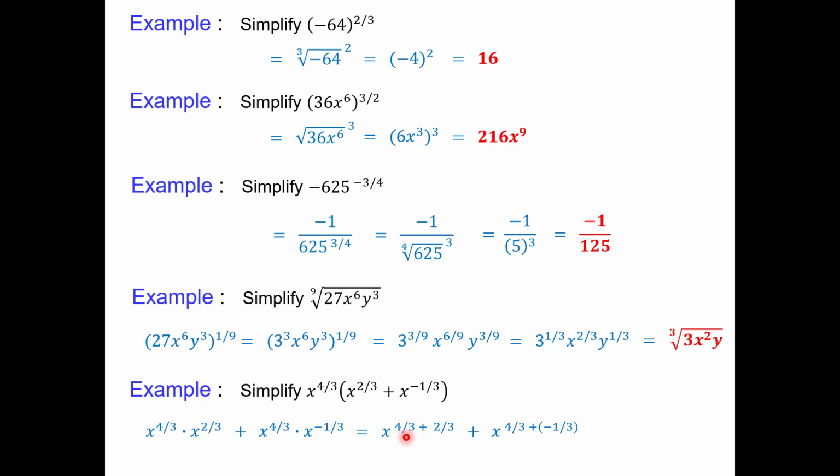And so we have 4/3 plus 2/3 on our first x, and then over here we have 4/3 plus -1/3 from these x's getting multiplied. And then if we simplify, that's x to the 6/3 in the first term, and then the second term we have x to the 3/3, and both of those numbers we know that is x squared plus x, or x to the invisible 1.